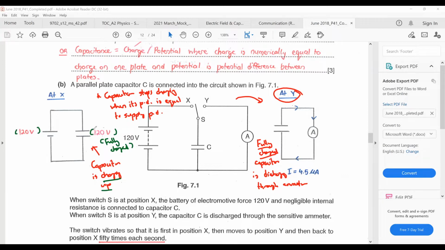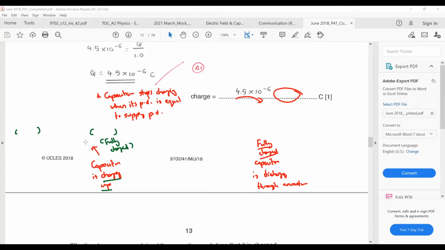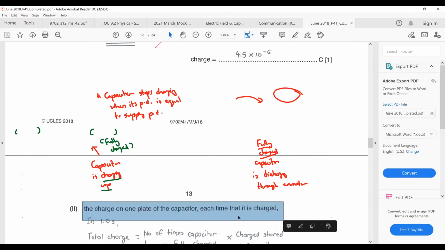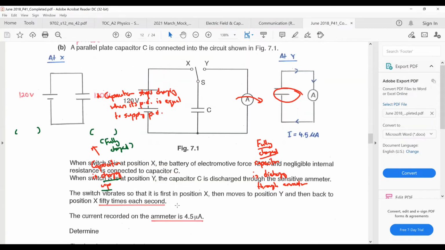Okay. So what the question is interested in knowing right now is what's the charge that is actually stored on your capacitor in 1 second. Okay, sorry, not in 1 second. They are interested in knowing what's the charge on one plate of the capacitor each time it is fully charged.